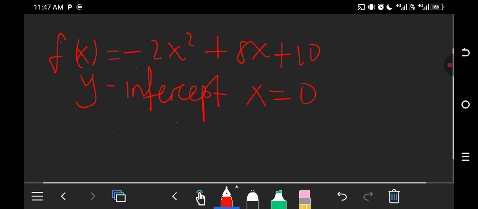If you substitute 0 there, you'll simply get f of x, or y, will be equal to 10. To avoid wasting much time, you just take the constant. The constant is simply the y-intercept. So you just say y is equal to 10 is the y-intercept.